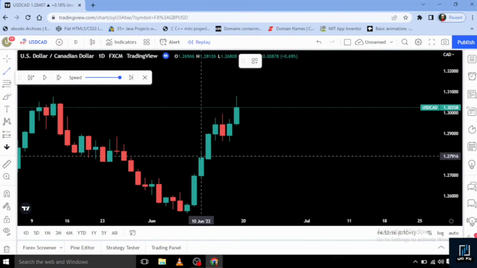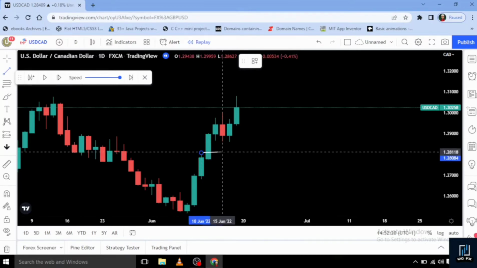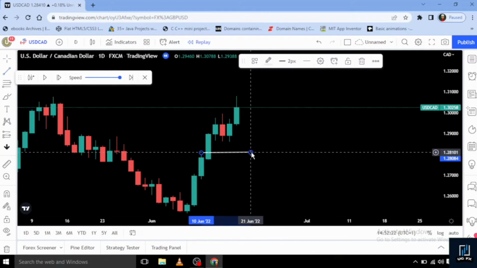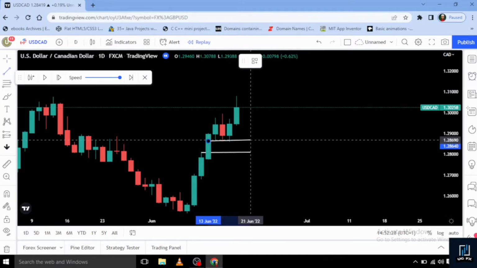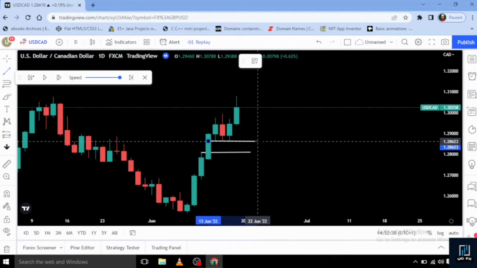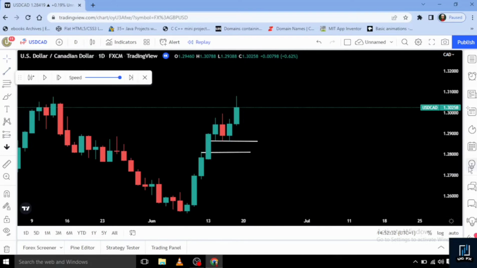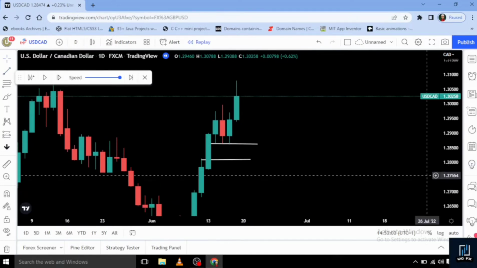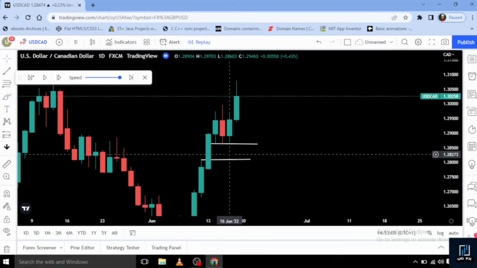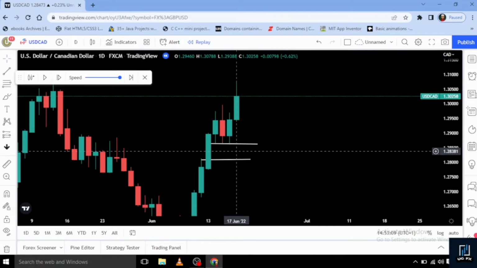So we're going to be taking our imbalance from the highs of this first candle, and as well the lows of this next candle. So this is actually what we call imbalances, fair value gap, and inefficiency in the market.